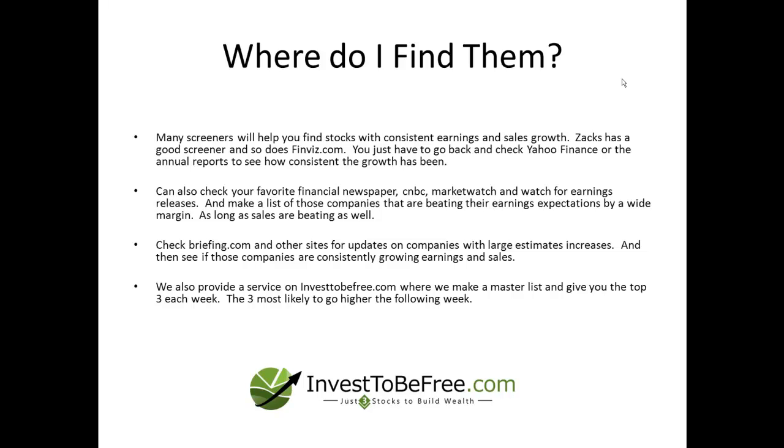To do that, we can go back to Yahoo Finance and look at their synopsis of the SEC filings. I believe there's a link for cash flow and income statements and balance sheets, and they'll summarize those for you over the past 3 years, and you can see if the growth has been consistent.